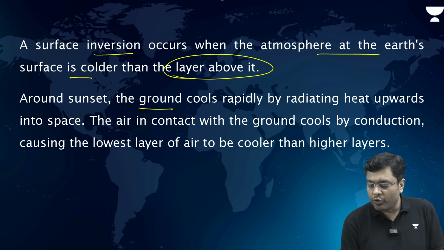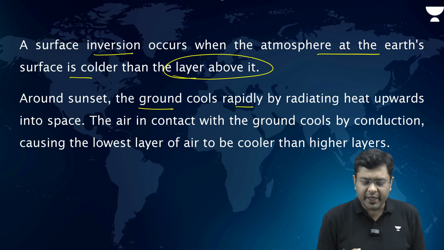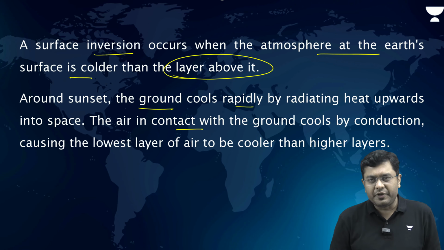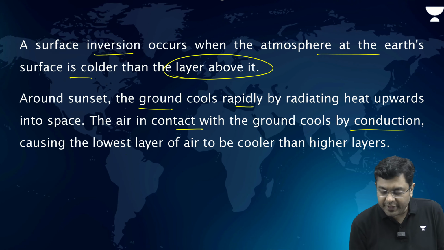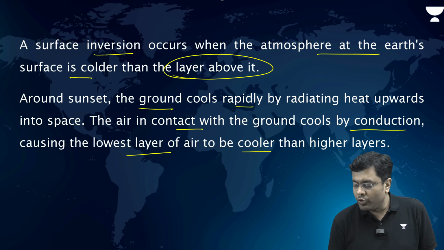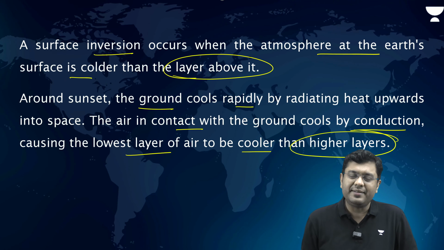Around sunset, the ground cools rapidly by radiating heat outwards, the terrestrial radiation. The air in contact with the ground also cools as a result of conduction, causing the lowest layer of air to be cooler as compared to the higher layers. And that is the condition of surface inversion.